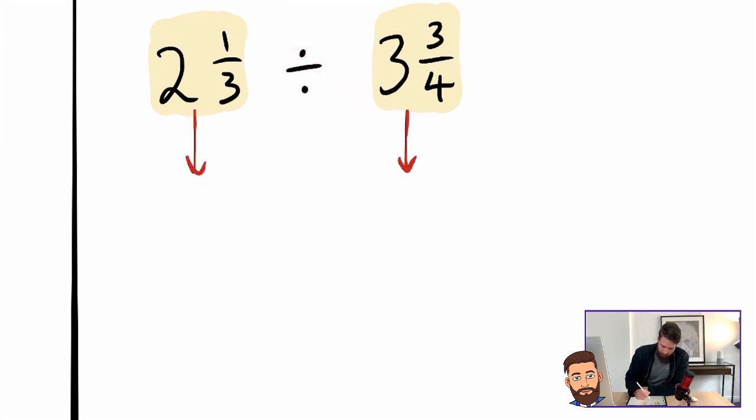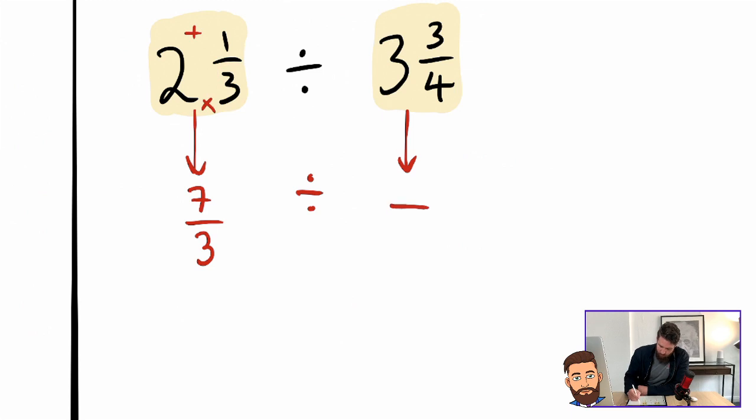And if you recall, to change a mixed number into an improper fraction, you do the denominator, so 3, times by 2, which is 6, and then you add the numerator, so plus 1 is 7. Okay, so you do 2 times 3, and then you add the numerator. So 2 times 3 is 6, plus 1 is 7, over the original 3.